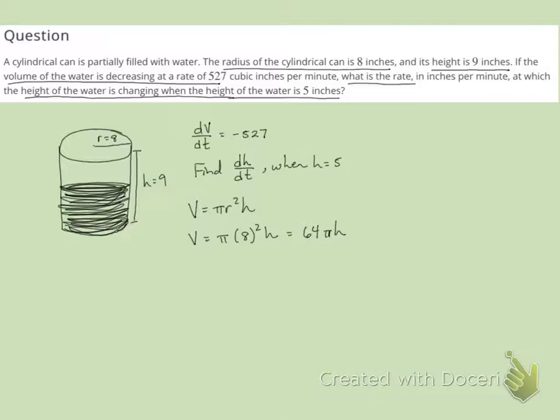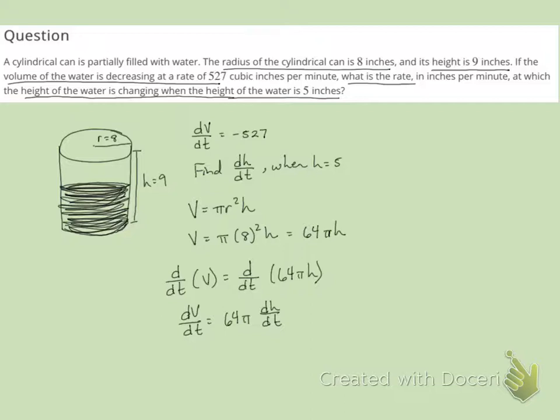And now we can take the derivative of both sides with respect to time, and we will have dV/dt. This 64 pi is a constant that can come out in front, times dH/dt.